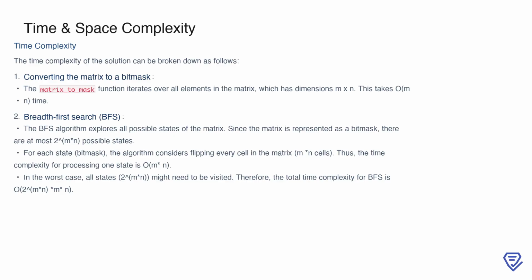For each state, the algorithm considers flipping every cell in the matrix, which involves m*n time per state. In the worst-case scenario, all 2^(m*n) states may need to be visited, resulting in an overall time complexity of 2^(m*n) * m*n for the BFS process. Together, these steps outline how the time complexity is derived.